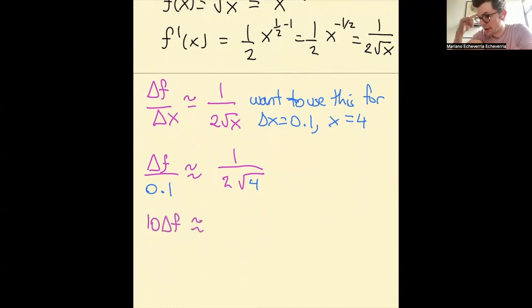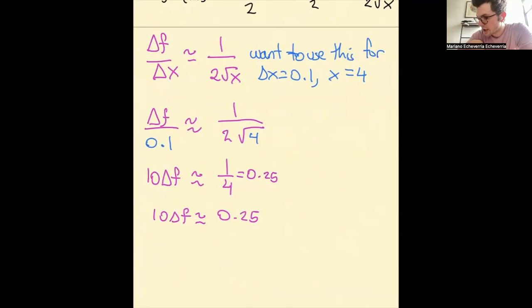Delta f over 0.1 is 10 delta f. It's approximated by 1/2 root of 4, which is 1/4, which is 0.25. So 10 delta f is approximately equal to 0.25, and delta f is approximated by 0.025.